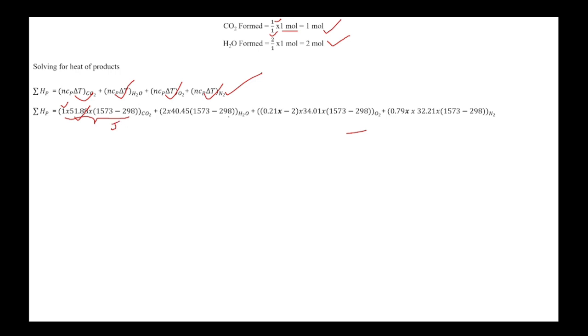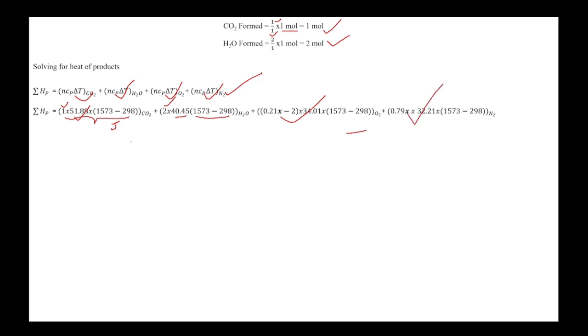Similarly for H2O, 2 moles produced, 40.45 is the heat capacity, and this is the delta T, because 1573 is equal to 1300 plus 273. So 1573 minus 298, because this is the reference temperature. Similarly for O2 and for N2.